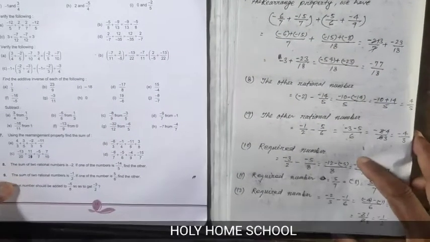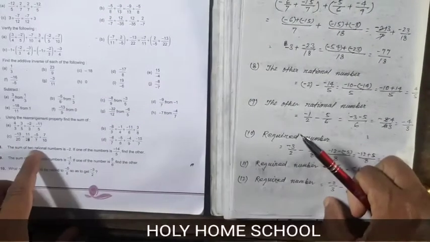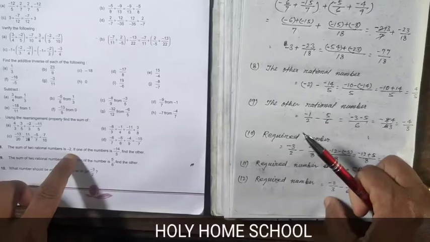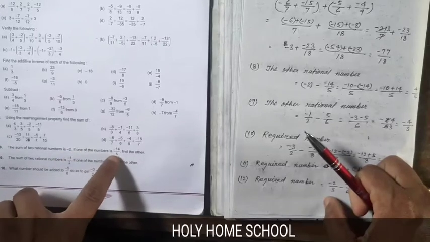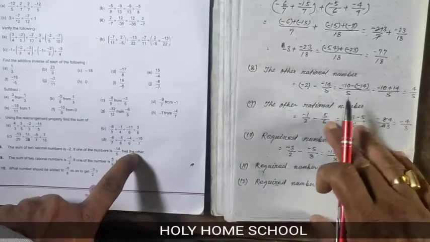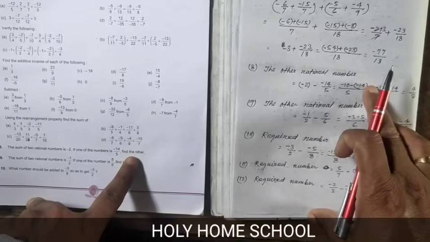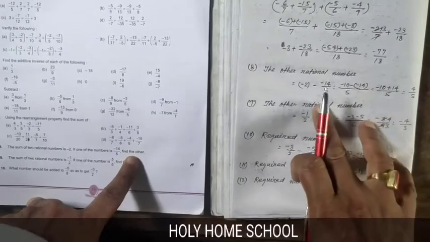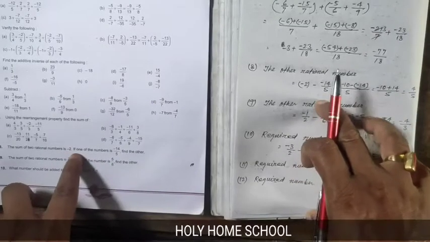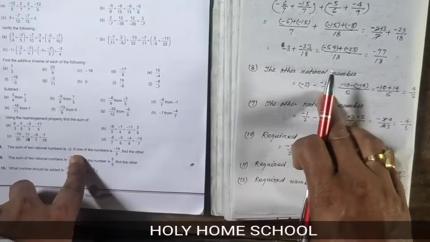See question number 8. The sum of two rational numbers is minus 2. If one of the numbers is minus 14 by 5, find the other rational number. The other rational number is equal to the sum of the two numbers minus the given number.